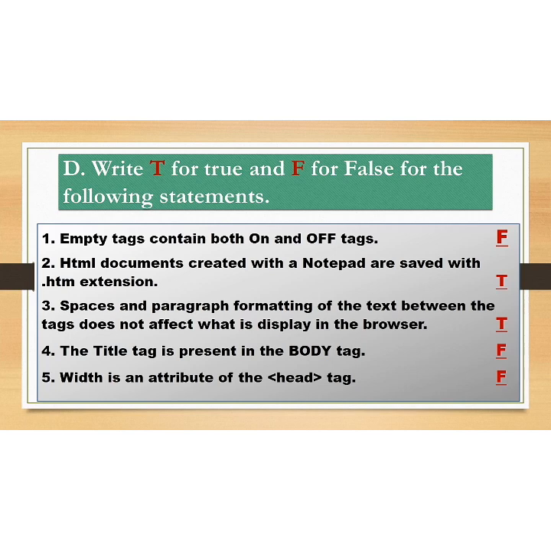But from our previous knowledge, we know container tag contain both on and off tag. A container tag is required to be closed. But empty tag like BR tag, HR tag need not be closed. So the statement is false. Empty tag contain both on and off tag. So the statement is wrong.